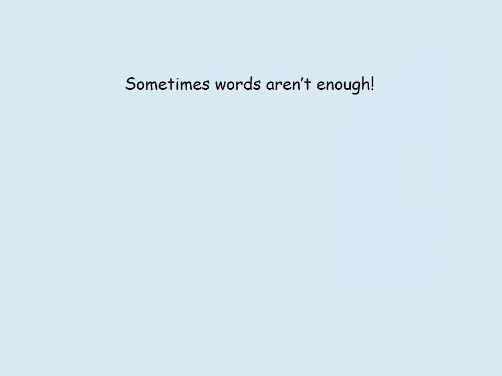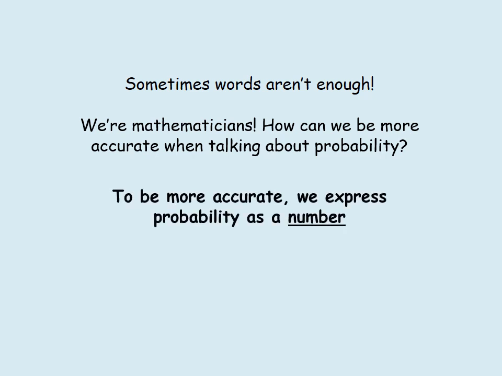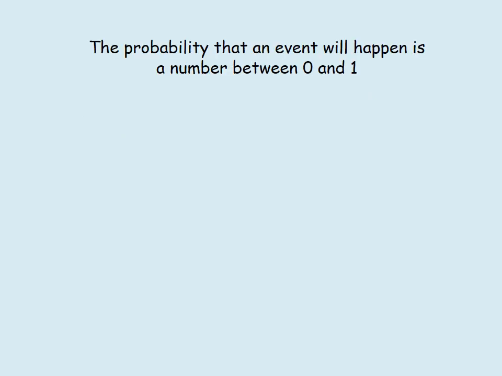Sometimes words aren't enough. We are mathematicians. How can we be more accurate when we're talking about probability? To be more accurate, we express probability as a number. As we say, the probability that an event will happen is a number between 0 and 1.